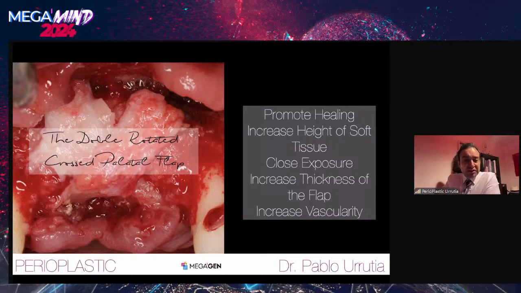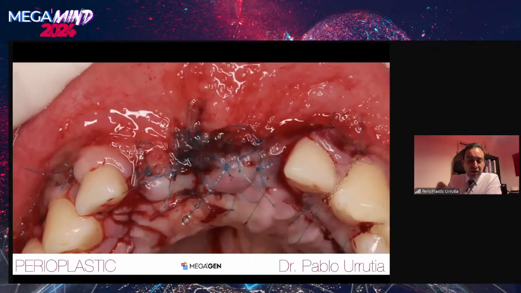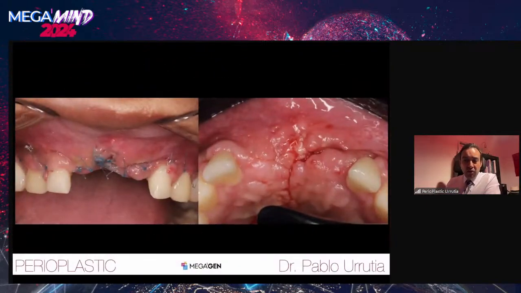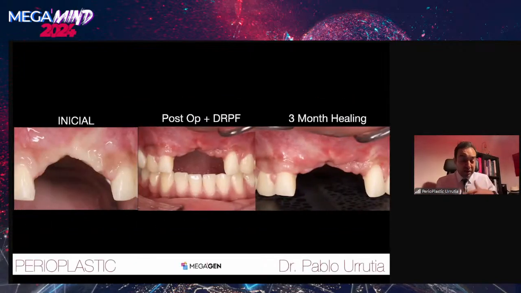So you can see in the picture the closure of the flap, and you can see the healing, how the tissue was growing again. Now we have maybe not a very good situation, but we are better than the initial case.